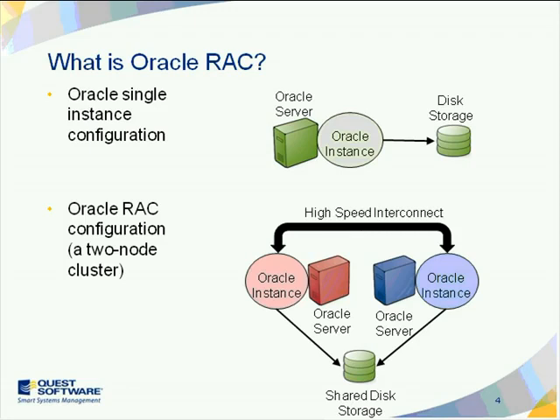The lower graphic represents a typical RAC configuration, what we refer to as a two-node cluster. We have a similar setup, but in this case we have two servers, each of which is hosting an instance. But the instance is shared by way of a high-speed interconnect. So the resources are shared across this interconnect. And the storage is actually shared storage, rather than storage being hosted on each individual server. And this whole configuration now is a RAC database. And this RAC database can have any number of different nodes.